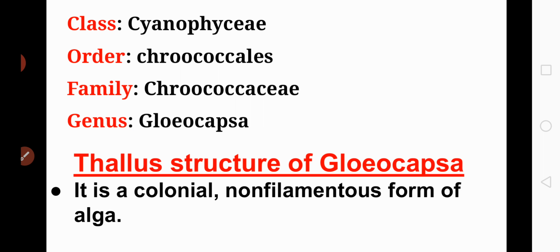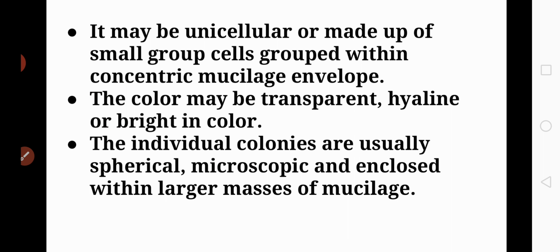It is a colonial and non-filamentous form of alga, whereas Nostoc and Oscillatoria are filamentous, but Gloeocapsa is non-filamentous. It may be unicellular or made up of small groups of cells grouped within a concentric mucilage envelope.